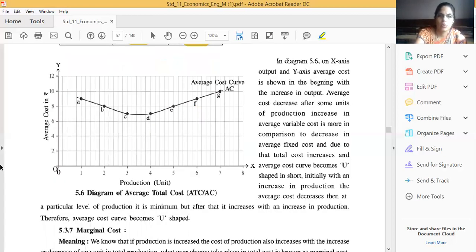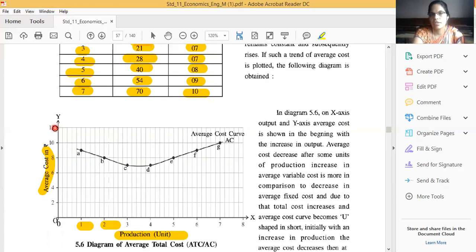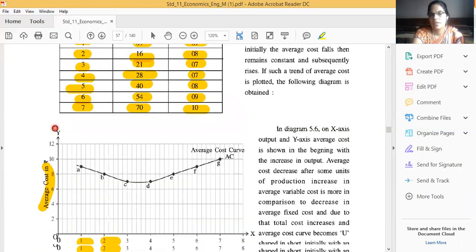Here OX is showing the production units, OY is showing the average cost in rupees. Production is 1 to 7. We can mention 1, 2, 3, 4, 5, 6, 7 like this. And average cost starts from 7, which is the minimum, and the maximum is 10.